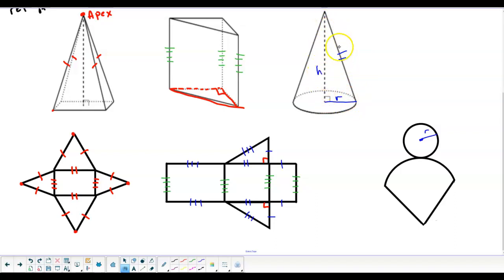That's the height of the solid. The side length of the cone, which is kind of interesting to call a side length, is represented right here. And we'll explore this, I'm sure, in future lessons, so I don't want to dive too deep into it right now. All right, those are your nets. Notice each face is represented by a two-dimensional drawing.